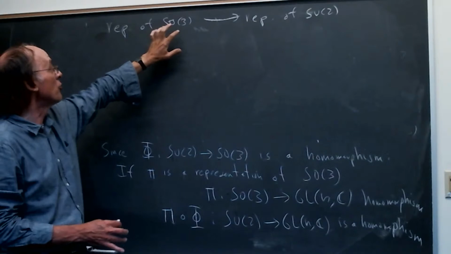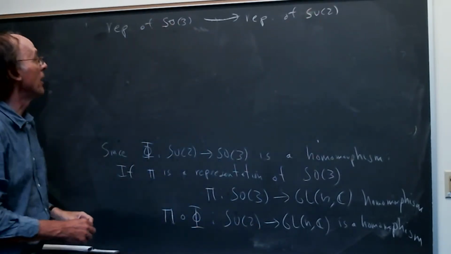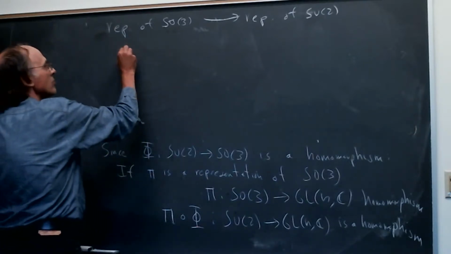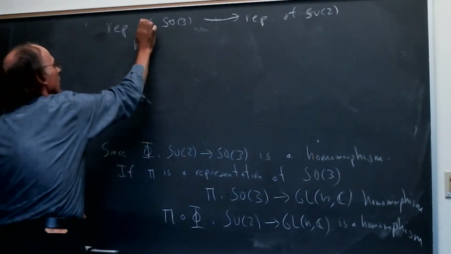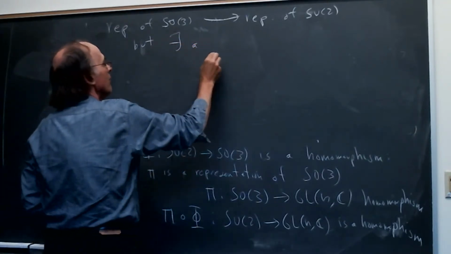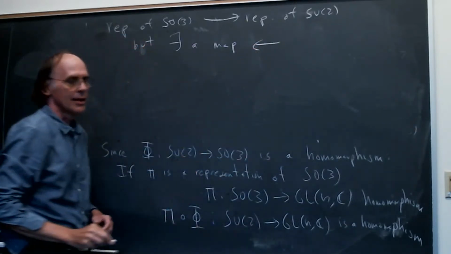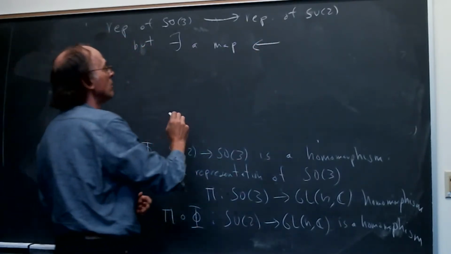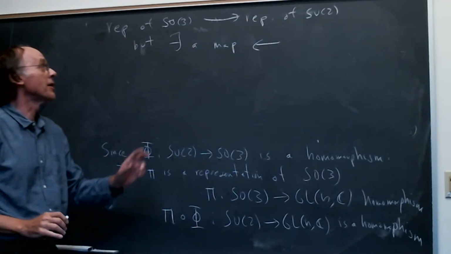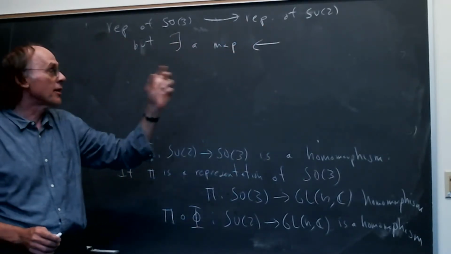So anything you can do with rotations, you can do with SU2, but not the other direction. There doesn't exist a homomorphism map in the other direction, and you can actually see this.